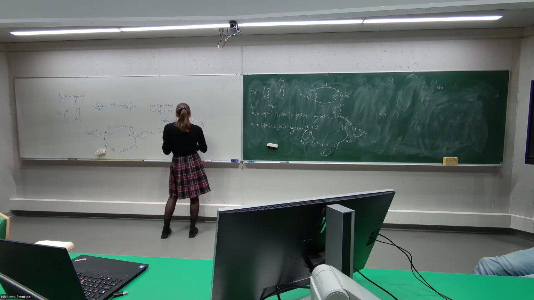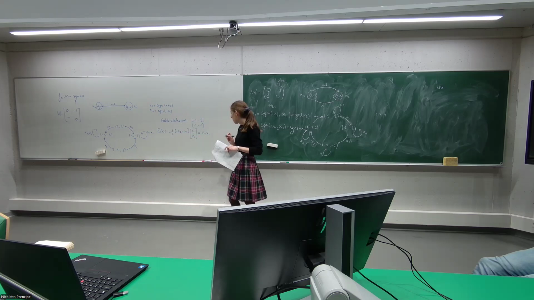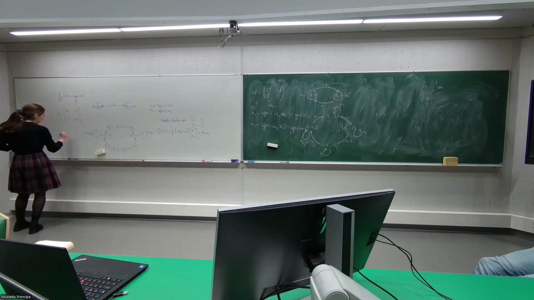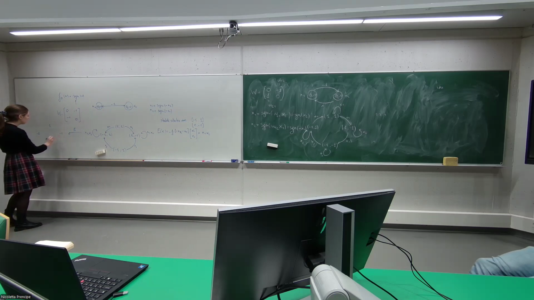I'm skipping some points. It's the product of X1 and X2. So what is the energy? Okay, let's see. I apply the energy and I put all the numbers instead of this. So the energy is 1 here, -1, -1, 1.